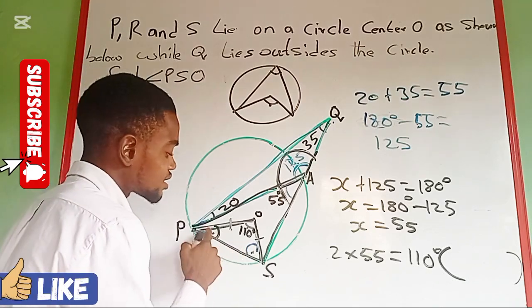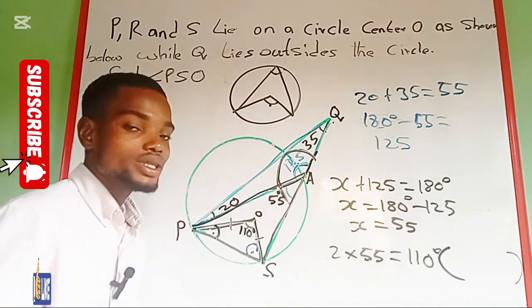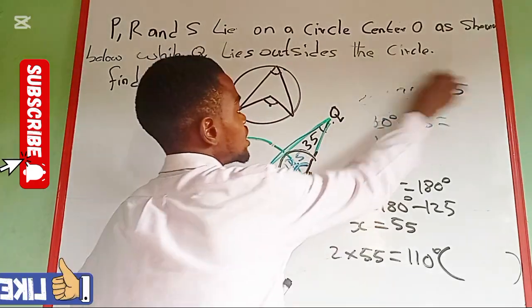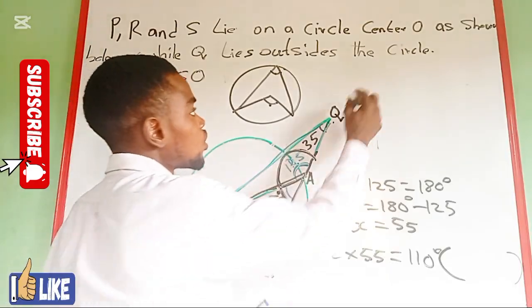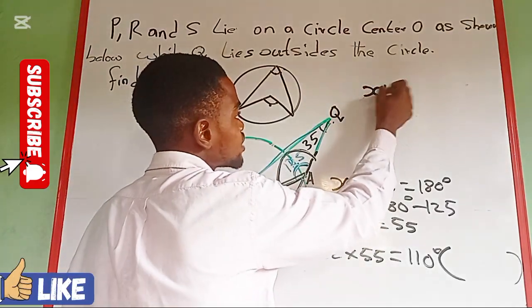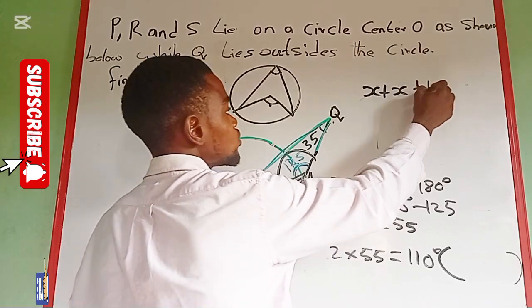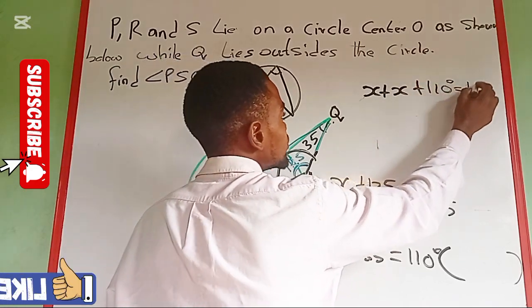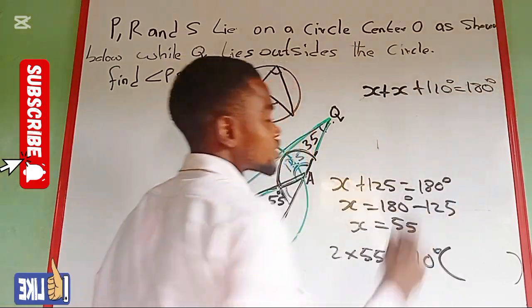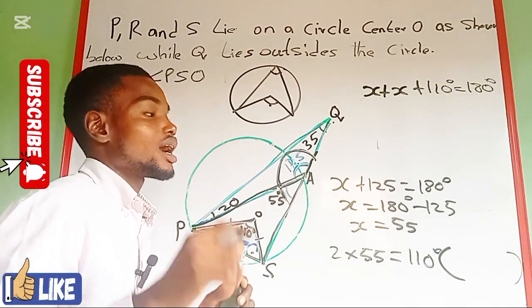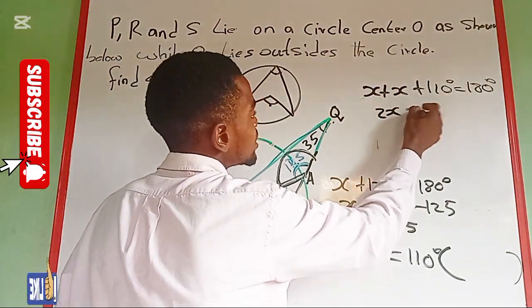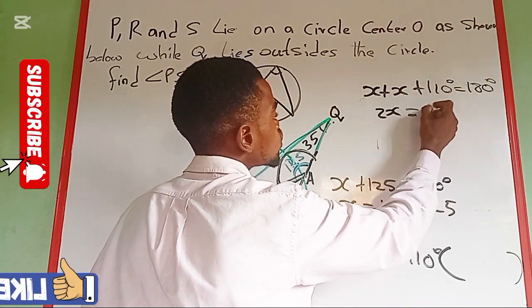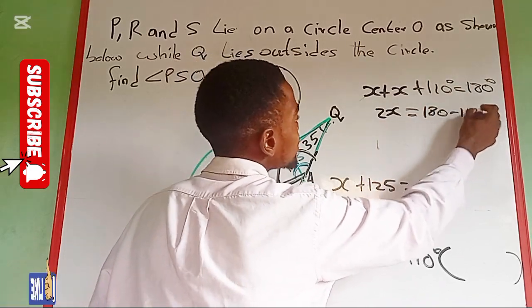So we can now say that since these two are equal, we can call them a variable. Let's assume that these two angles, because they are equal, are S and S. So S plus S plus 110 degrees will give us 180 degrees, because angles in a triangle sum to 180. S plus S gives us 2S. Now 110 crosses over and becomes 180 minus 110.